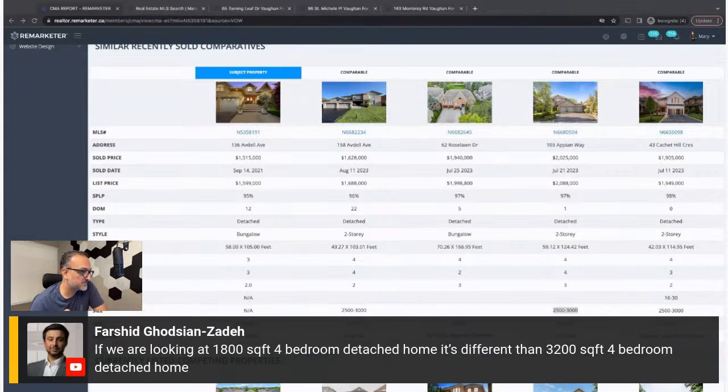Your next comment is on the same fact here. If you're looking at 1,800 square feet, 4-bedroom, that's different from 3,200. That would be your exact comment to a potential client that you're talking to. So looking at these numbers, your 3,200 square feet, 4-bedroom, it would be different from anything else. But I have access to that information. For me to be able to disclose that information, we need to have a better relationship, maybe a cup of coffee, right?